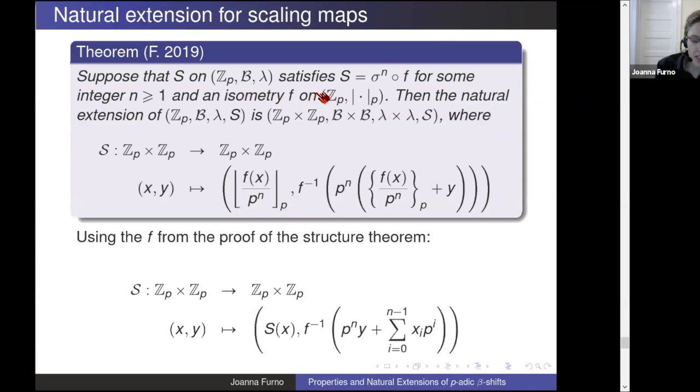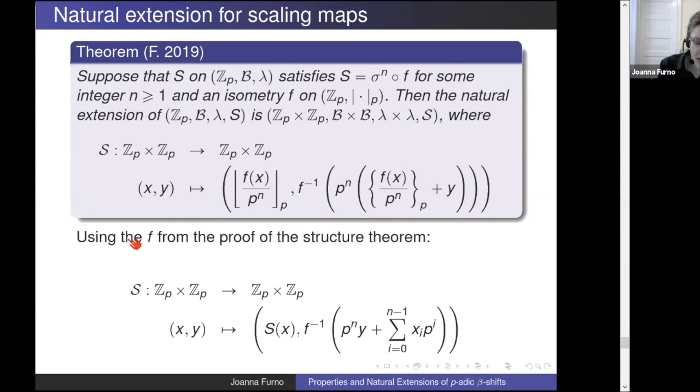And once you have this isometry, you can show that you can use it to write a natural extension. It looks kind of complicated when you write all this out, but the idea is still the same. This is just your transformation. And this part is just keeping track of the things you've lost from your shifting.